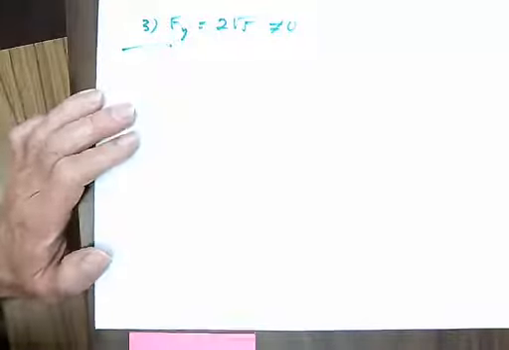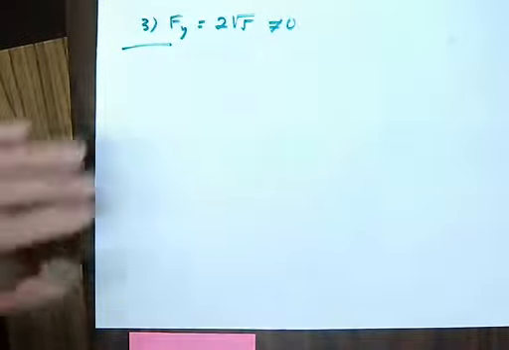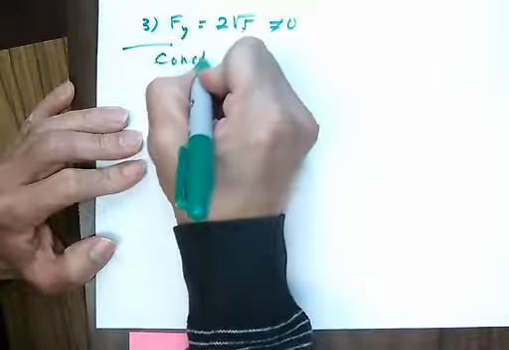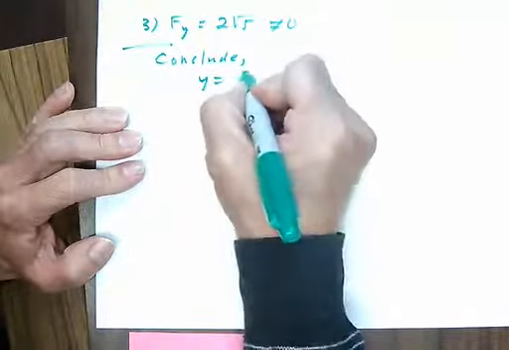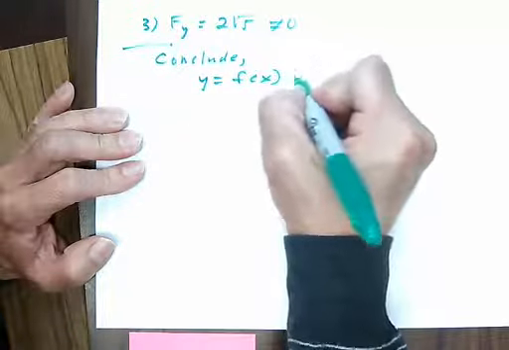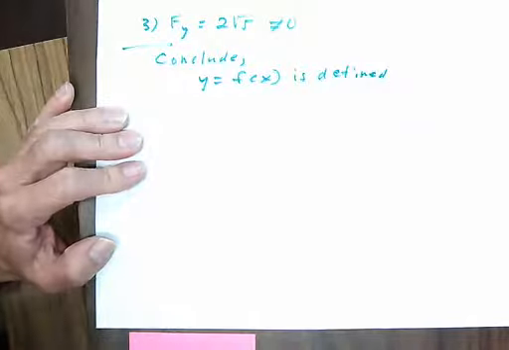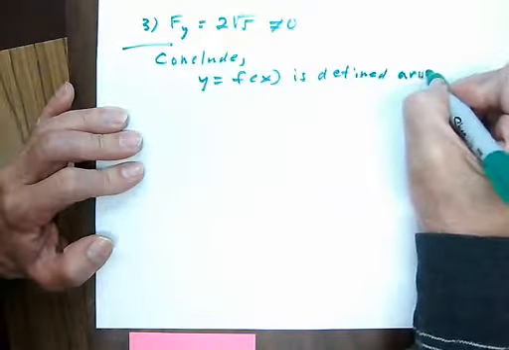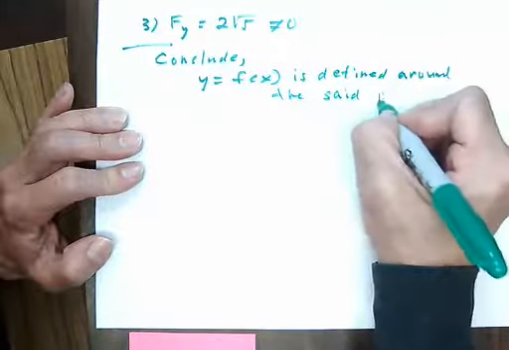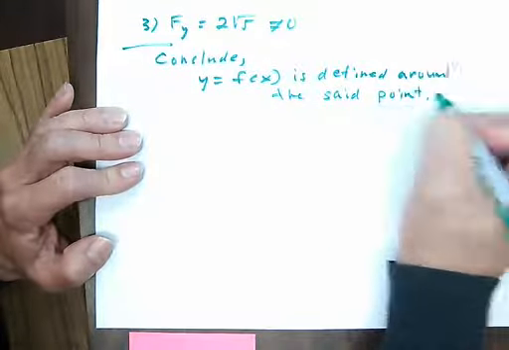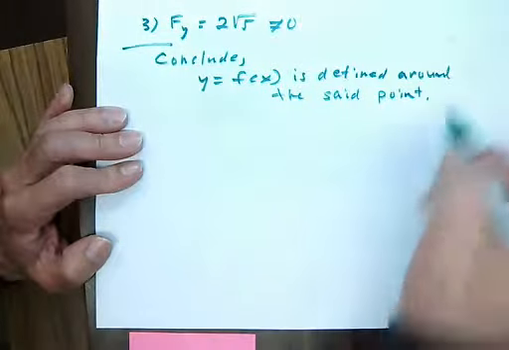So since those three conditions are satisfied, we can conclude by the implicit function theorem that the implicit function, where y is expressed explicitly as a function of x, is defined, given our capital F equation, around the said point, where x is equal to 2, y is equal to the square root of 5.